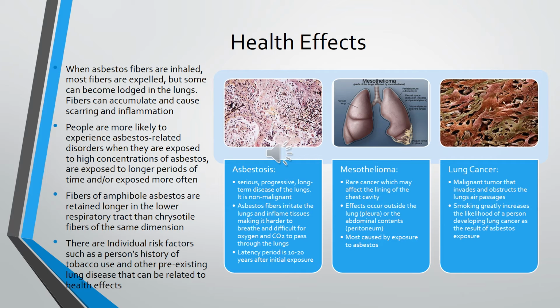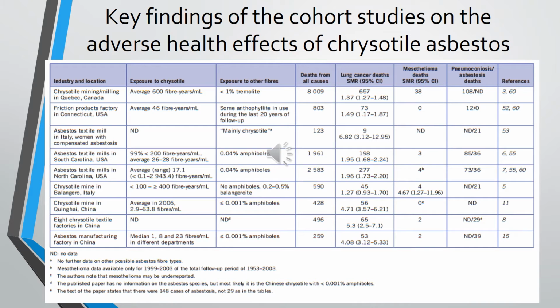So, the World Health Organization actually looked at many different cohort studies that involved the adverse health effects of chrysotile asbestos. And through these different industries and locations, they were able to find that a majority of exposure to chrysotile was correlated with these different types of health effects, such as lung cancer, mesothelioma, and asbestosis.